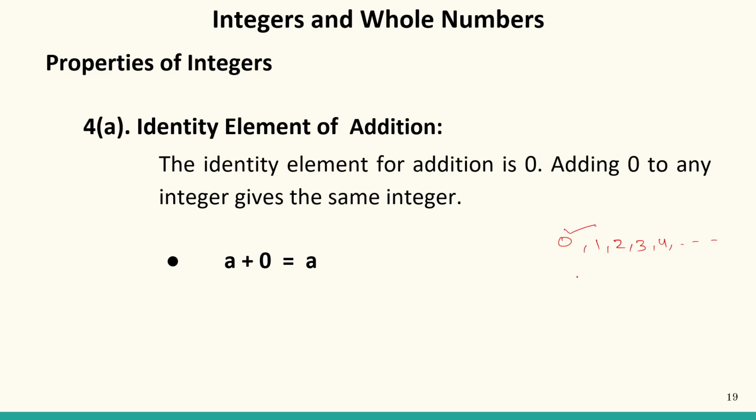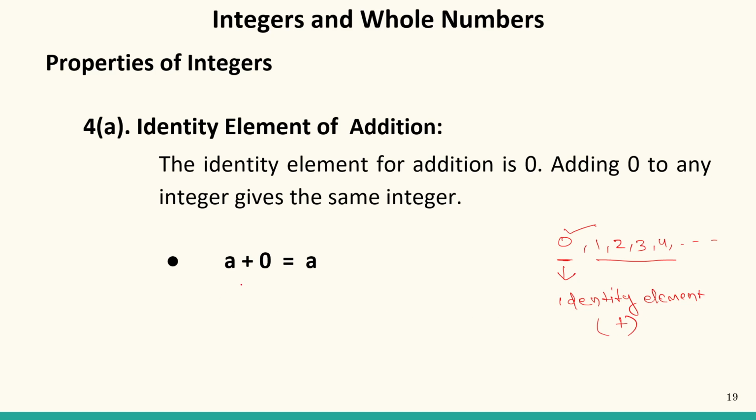We got 0 in there with all the natural numbers. So the 0 we got there is actually the identity element for addition.